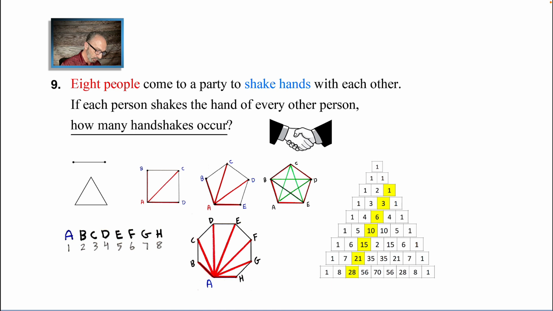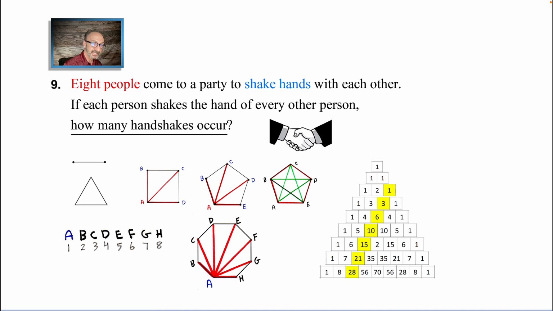But when you move to G, G will have 7 also. But notice that you cannot count GA anymore. Why? Because AG was counted. So the concept is now simple. Hopefully it's simple.